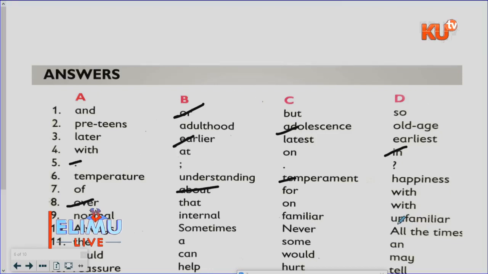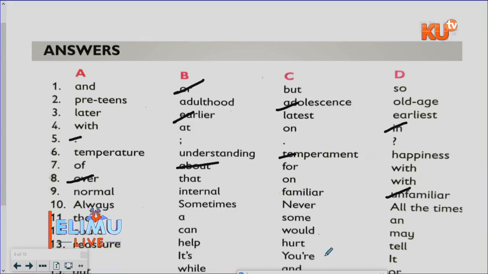If you read from the previous sentence in 8, it says, strong feelings about many different things and worry over appearance, especially the dash body changes. So is it normal body changes? They will not worry about normal body changes, not internal. They will not worry about the familiar ones. They will worry about the unfamiliar body changes.